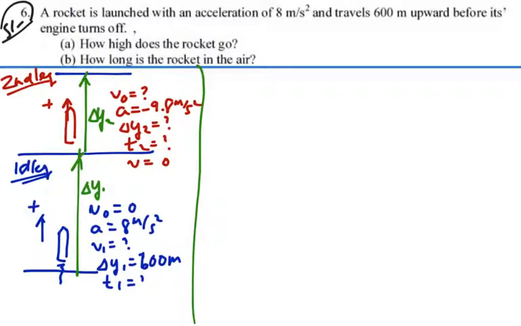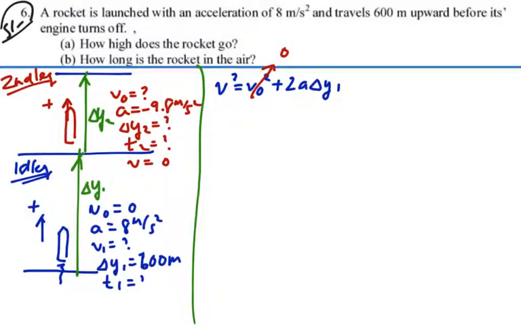Now if we look at the first leg, we know three kinematic variables, and we can find the fourth one. For instance, we can find the final velocity of leg number 1, which would be our initial velocity for leg number 2. Using kinematic equation number 3, final velocity squared equals initial velocity squared plus 2 times acceleration times delta y1. In this case, we started from 0, so our initial velocity is 0.